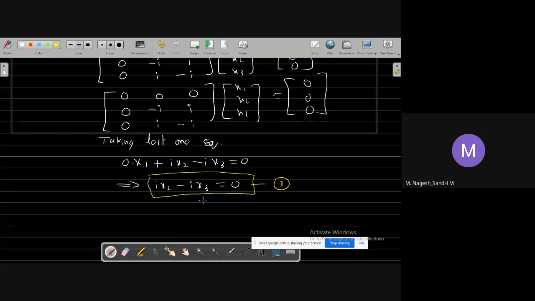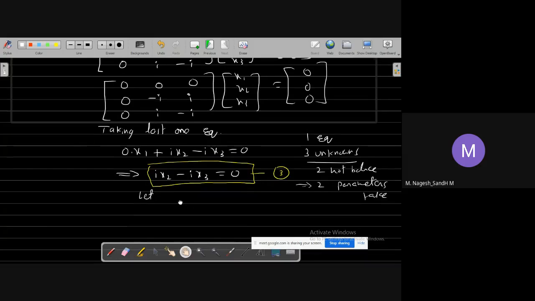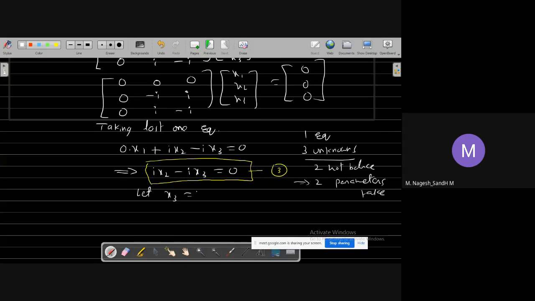So one equation, 3 unknowns. How many are not balanced? 2 are not balanced. So 2 unknowns are the parameters, which implies you have to take 2 parameters. This is rough work. Let x3 is equal to k1.